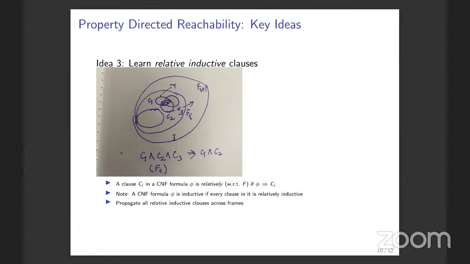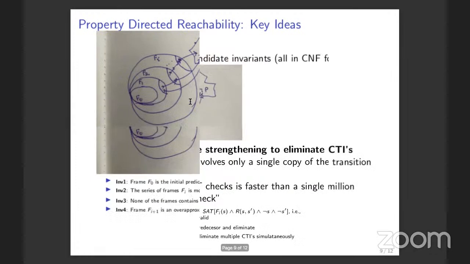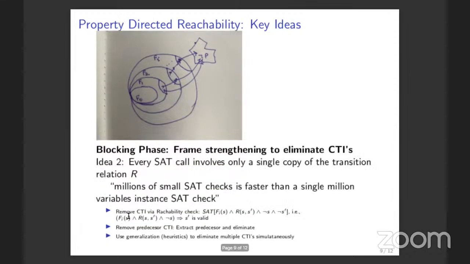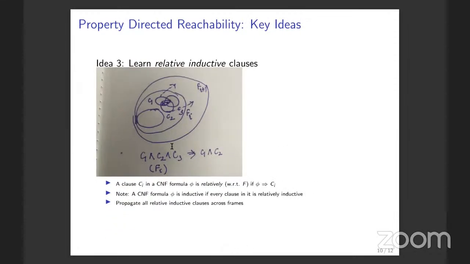Now, even when the entire thing is not inductive, as long as a clause is relatively inductive, you can propagate that forward without violating any of these invariants. You need some intuition for that.